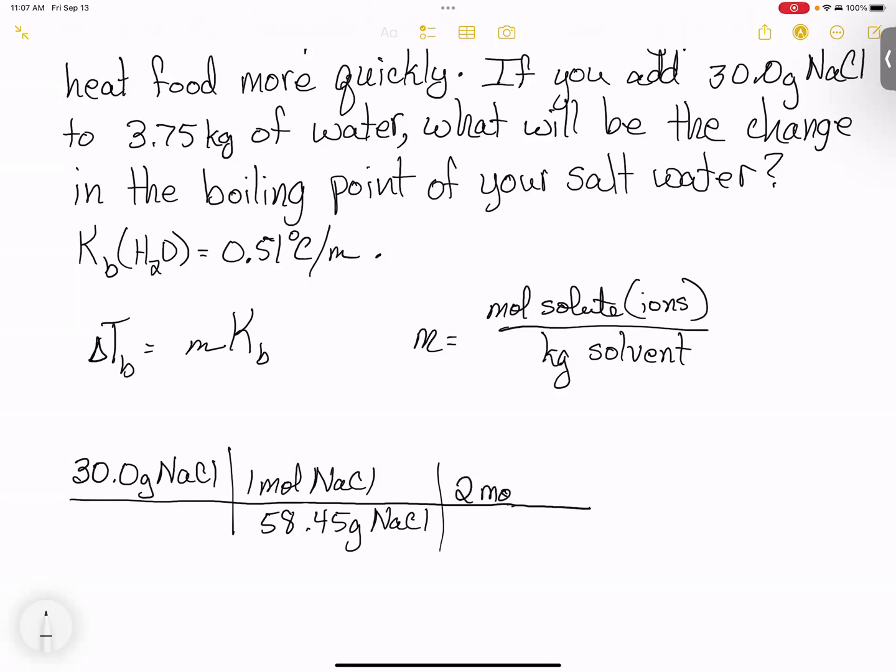And we will form 2 moles of ions for every 1 mole of sodium chloride. So we're looking at 1.0265 moles of ions.